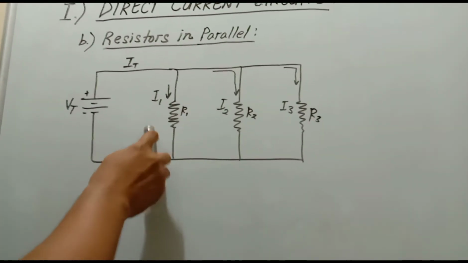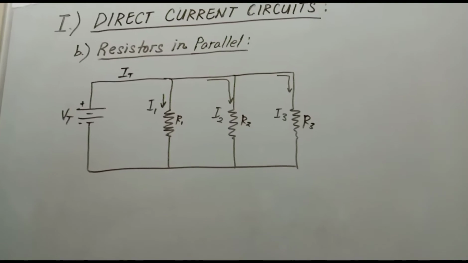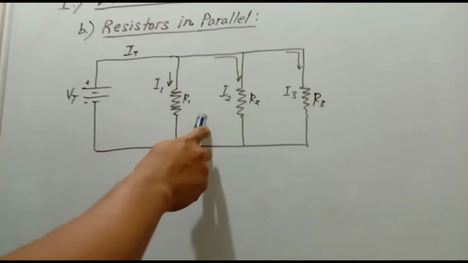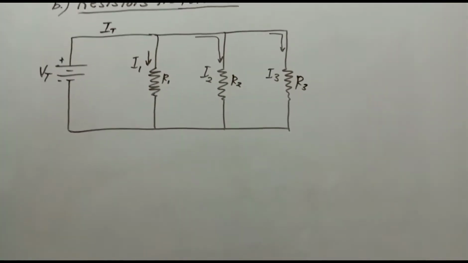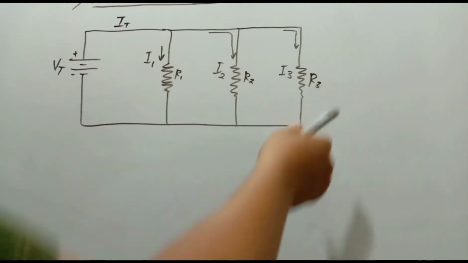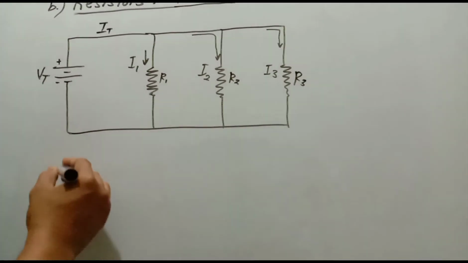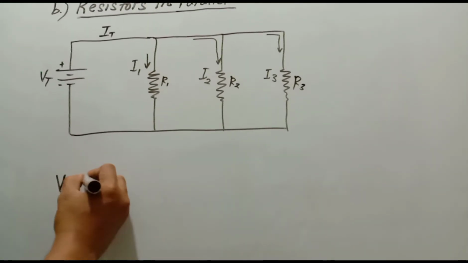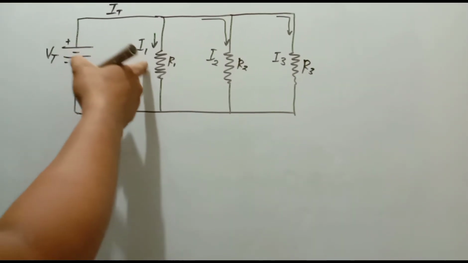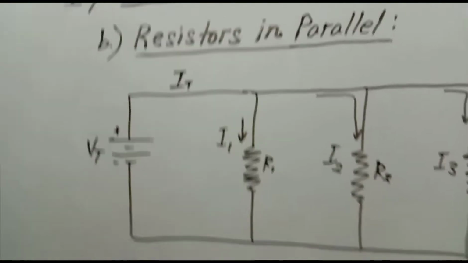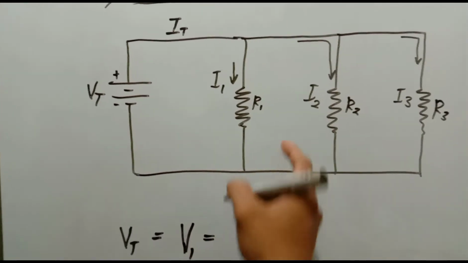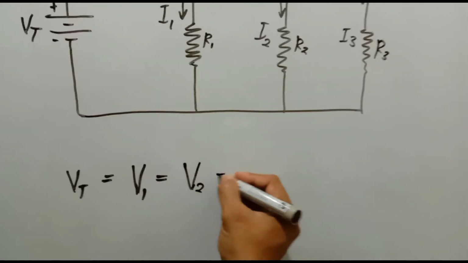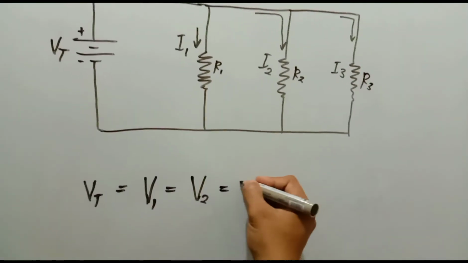Meaning to say, the total voltage is equal to the voltage for the first resistor, V1, is equal to the voltage for the second resistor, is equal to the voltage for the third resistor.